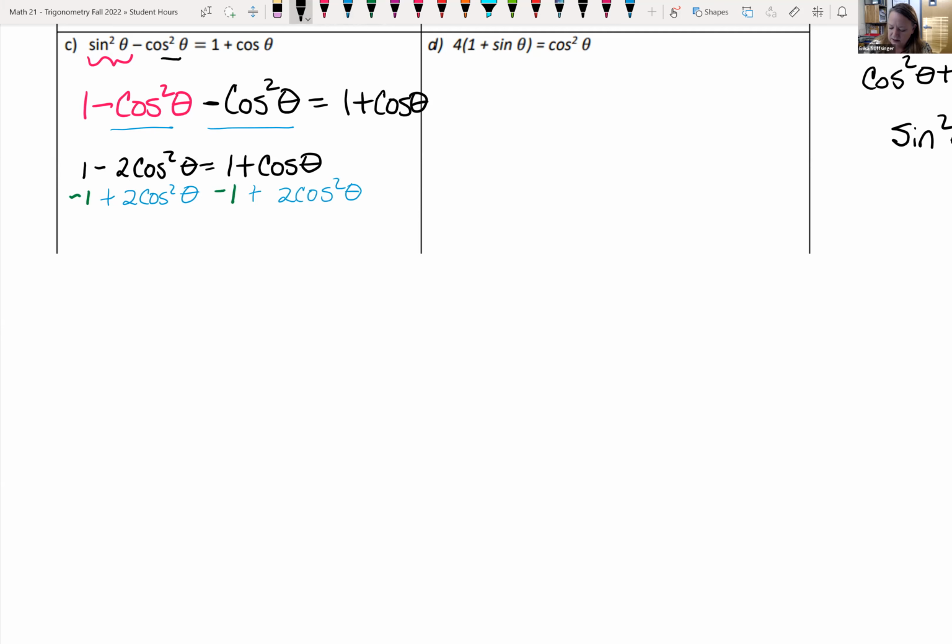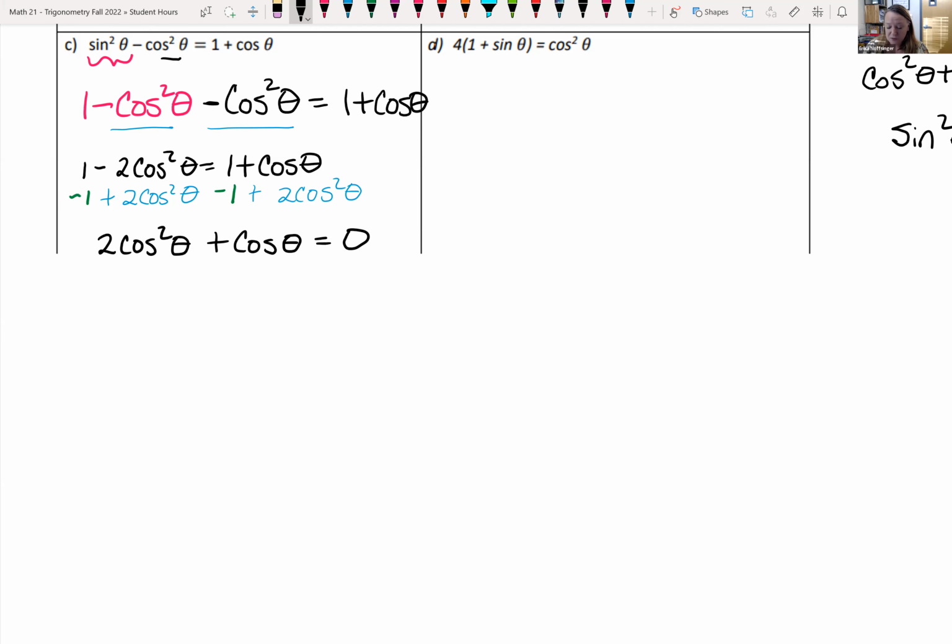So we get 0 is equal to, I'm going to put the 0 on the right, 1 minus 1 cancels out, and then we have 2 cosine squared theta plus cosine theta. Those aren't like terms because one is squared and one is not. Is equal to 0. So factor.